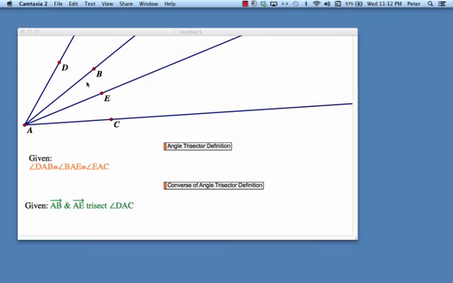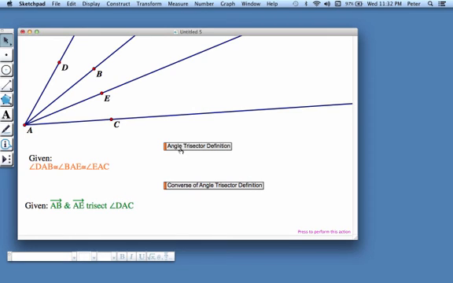If we saw that we had a large angle that had been divided into 3 congruent parts, we could recognize that the angle was trisected. And given that information, we would use this definition, that if 2 rays divide an angle into 3 congruent parts, then the rays trisect the angle. Once again, the congruent angles show up in the hypothesis of the definition.